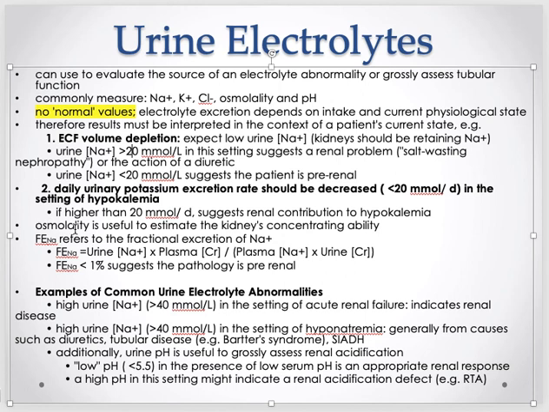So osmolality is useful to estimate the kidney's concentrating ability. For example, take the example of diabetes insipidus. If the person is dehydrated and the kidneys are still making dilute urine, again the problem is with the kidney, because the kidney should make concentrated urine in the time of dehydration.